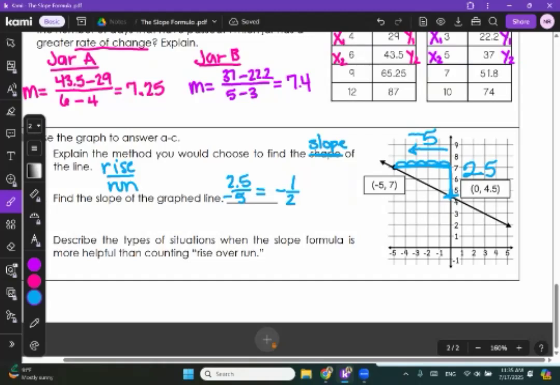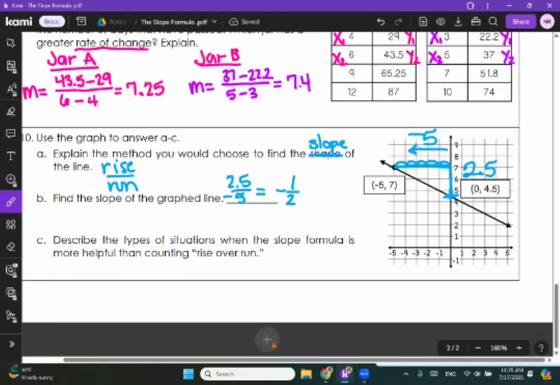Okay. Now, it says describe the situations when slope formula would be more helpful than counting rise over run. Well, the only reason that using rise over run was okay with this example is because it actually tells you that it is at 0.5. You cannot assume that that point is halfway in between those two numbers. So when points have decimal values, or when there's no graph.